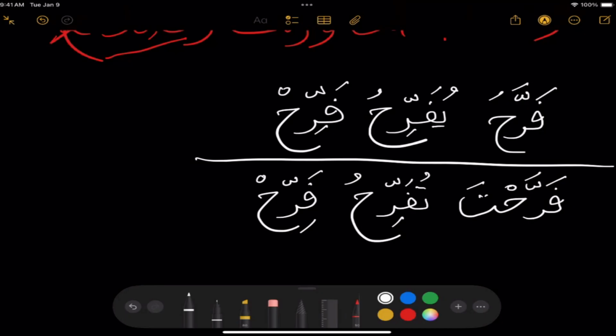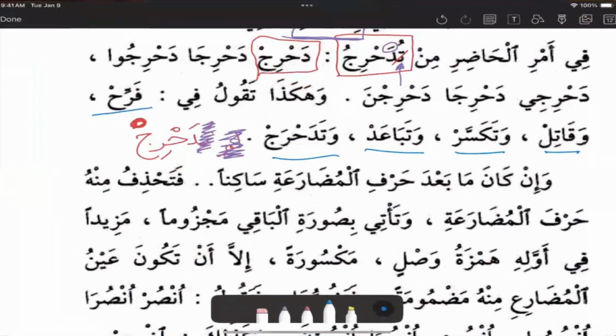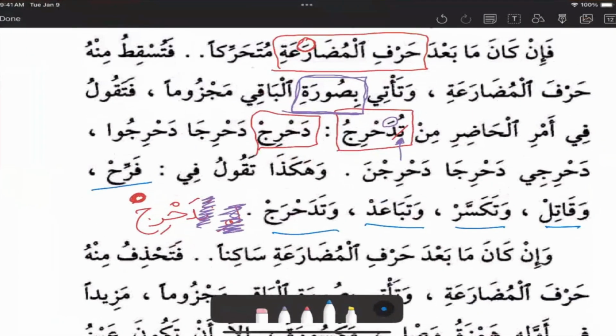If you do like that and you're teaching some person, then you're going to somewhere realize that, I should have started like what I just did right now to keep the pronoun consistent. That's why the author started like that from the beginning when he said in his example, تقول في أمر الحاضر من تدحرج أنت.